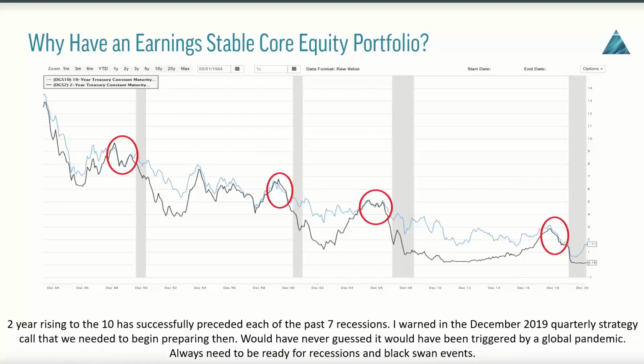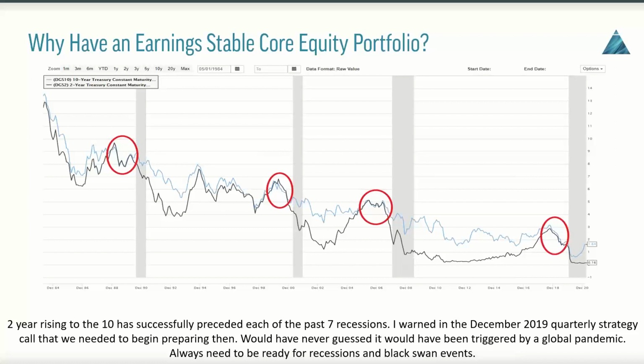The first thing we need to do is have an understanding of why we need an earnings stable core equity portfolio. And just a quick aside and story that happened back at the end of 2019, we did a fourth quarter strategy call that we normally do once a quarter. And I was on the call and had made the observation that the 2-year Treasury yield had been rising into the 10-year, and then it was actually on the downward trend.